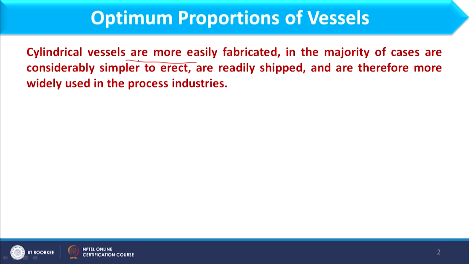Okay. So, cylindrical vessels are more easily fabricated in the majority of cases, and these are simpler to erect, meaning assembly, and are readily shipped, and therefore more widely used in the process industry. So, it has advantage in shipping, it has advantage in erecting, and therefore we are considering the cylindrical vessel for optimum proportion.